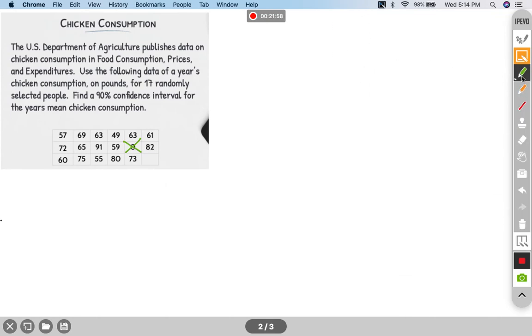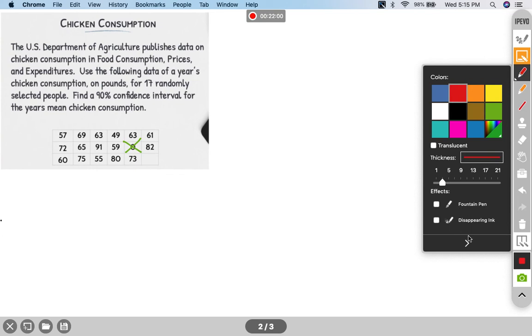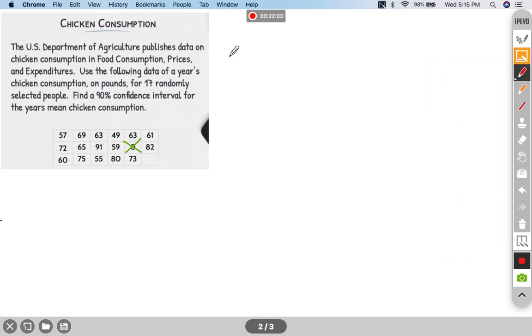So I'm going to go back to my calculator and let it do the work for me. So now my x bar is going to be 67.13. And my s is going to be 11.11.